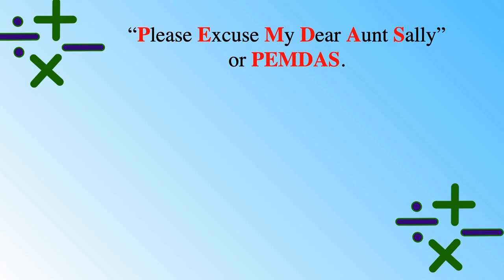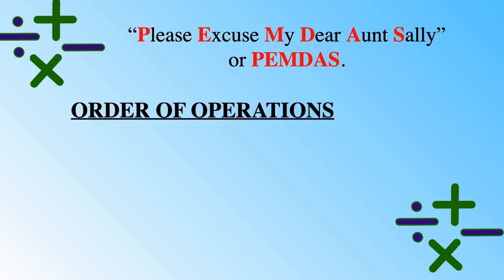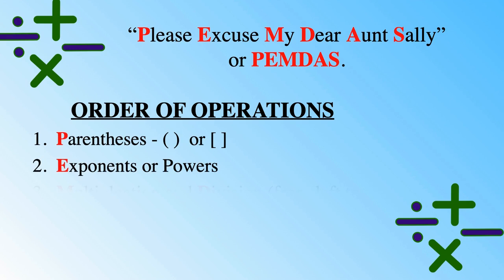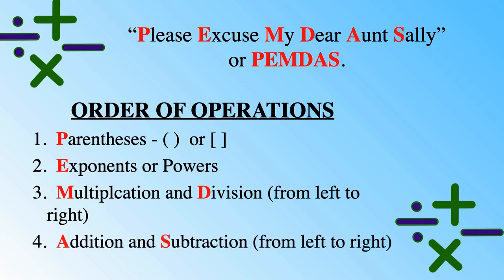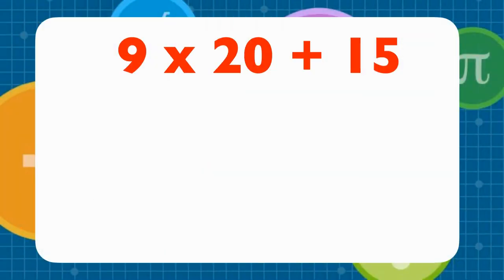This helps us to remember that the order of operations are parentheses, then exponents, then multiplication and division going from left to right, and then, yes, addition and subtraction going from left to right. So let's look back at our example.